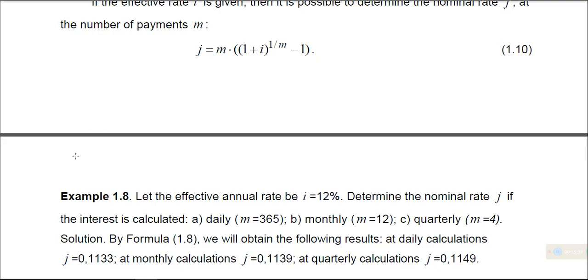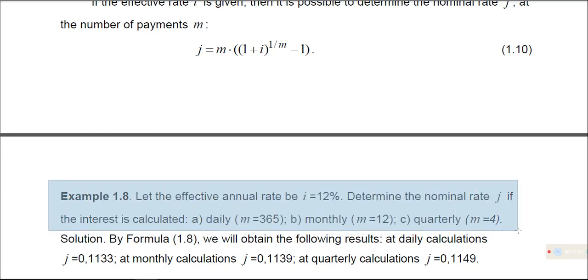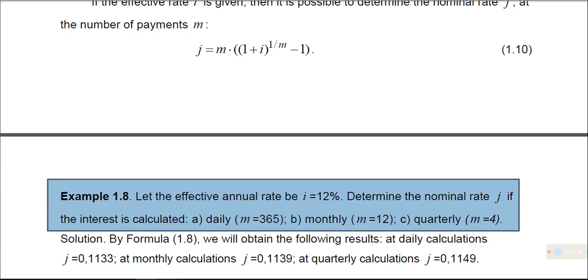Gawa tayo ng isang example. So, ang effective annual rate daw ay 12%. Determine the nominal rate J if the interest is calculated daily, monthly, and quarterly. So, copy ko lang to dun sa sheet natin.